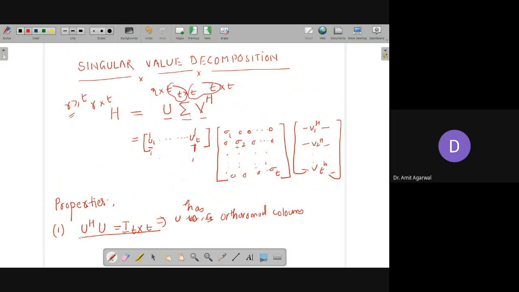Sigma is a diagonal matrix where the entries are called singular values, and we always arrange them in decreasing order. We satisfy the unitary condition that V Hermitian V is identity. And further, the number of non-zero sigmas is called the rank of the matrix.